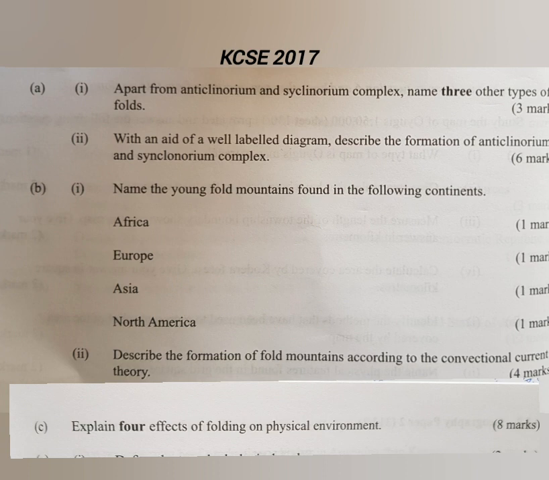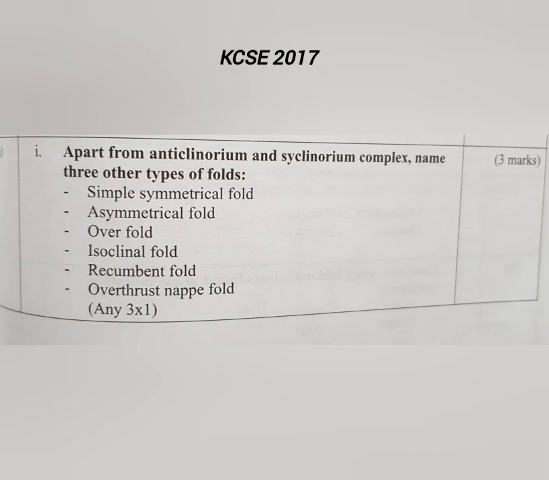Do you remember the types of folds? We can talk about asymmetrical folds, recumbent folds, isoclinal folds, the simple folds, or what we call the simple symmetrical folds, overfolds, overthrust. I hope I have mentioned all of them.